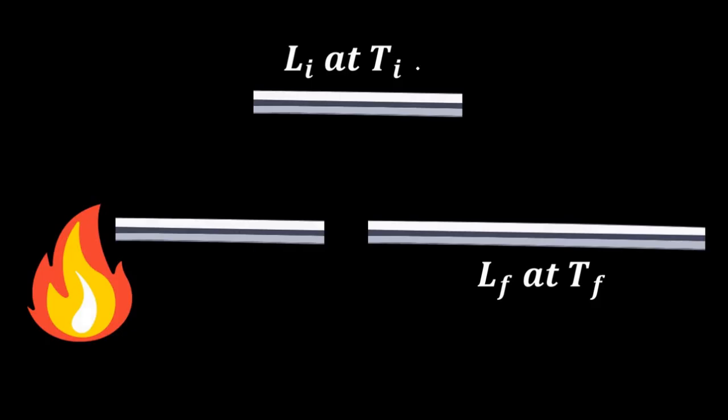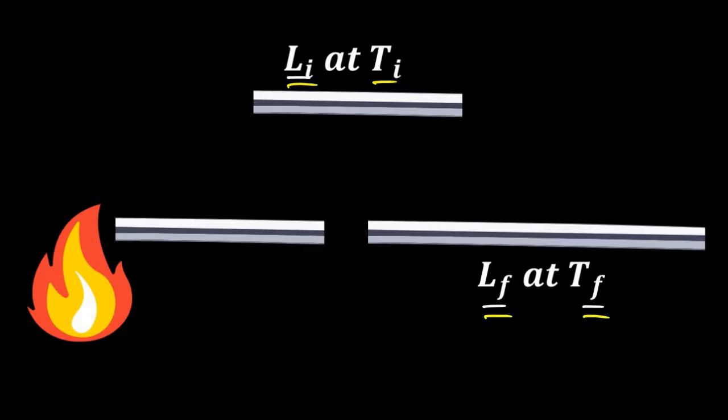Suppose it is subjected to heat, and because of the application of heat, the temperature increases to Tf, the final temperature Tf. So the length of the rod will increase from Li to Lf when temperature is increased from Ti to Tf.